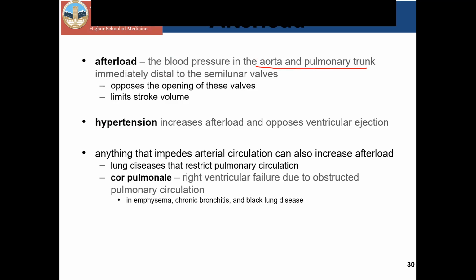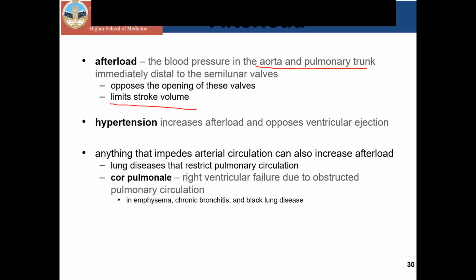When our heart contracts, we have opposite pressure. If this pressure in the aorta and pulmonary trunk is higher, it will be a problem for the heart contraction. I hope you understand it, yes? That's why afterload has a negative effect on the stroke volume. It's limited because it's opposite pressure to the heart.